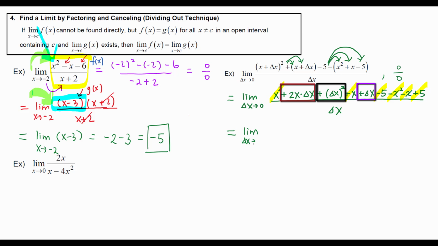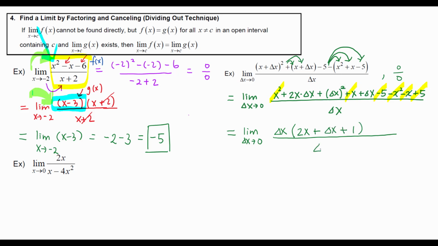So now I have limit as delta x approaches 0. I'm going to factor out delta x, open, then I get 2x plus delta x plus 1 over delta x. So now you can see you have a common factor, delta x and a delta x, so you can divide that out.